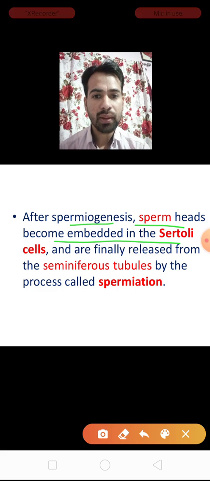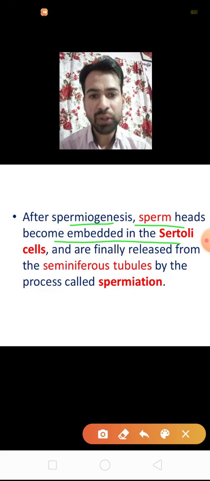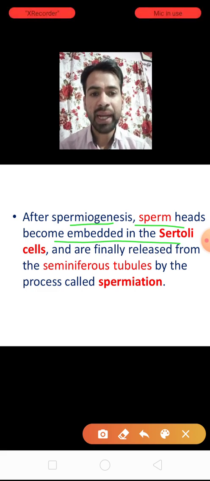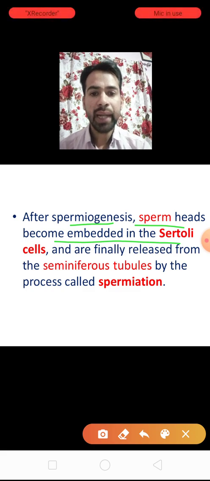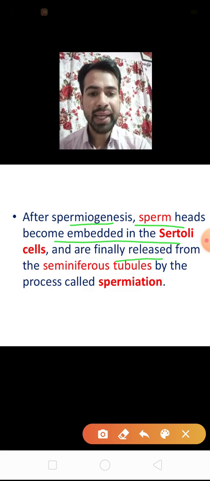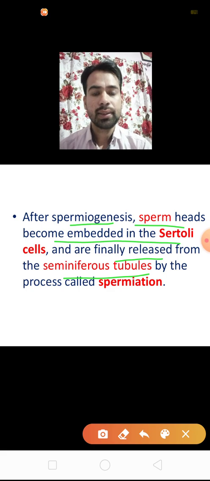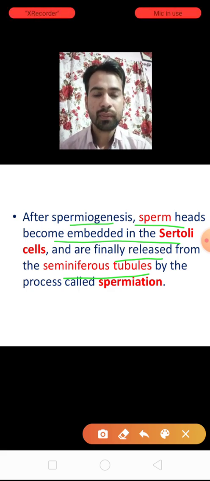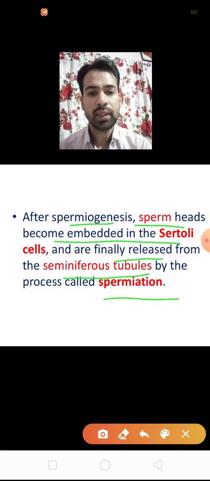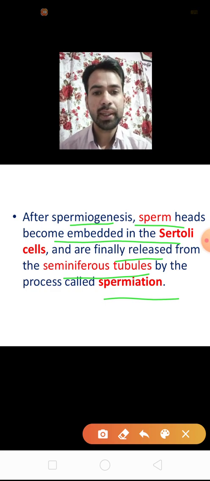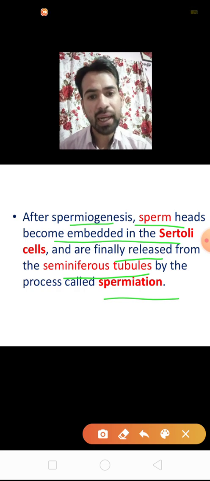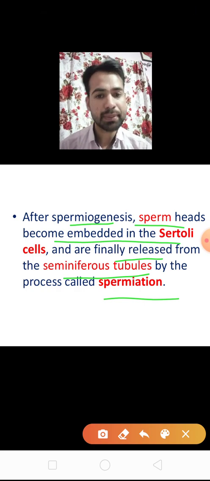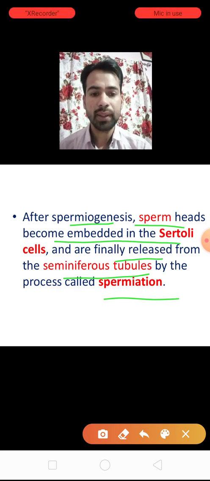So, after spermiogenesis, the sperm becomes embedded in the Sertoli cell and is finally released from the seminiferous tubules by the process of spermiation. The sperms are released by the process of spermiation. Clear?